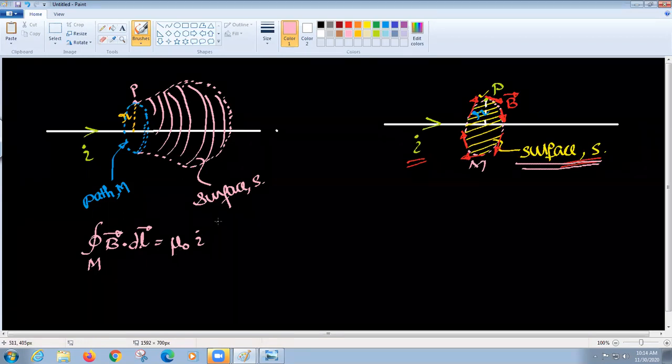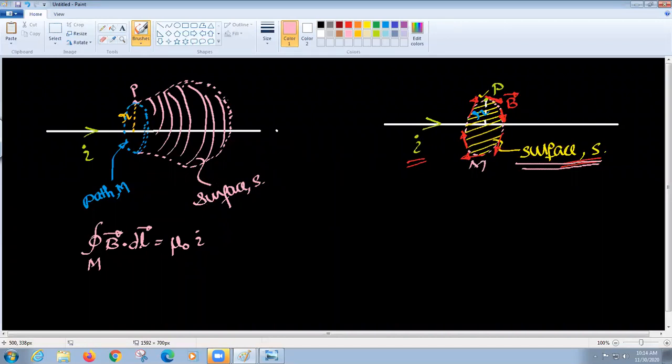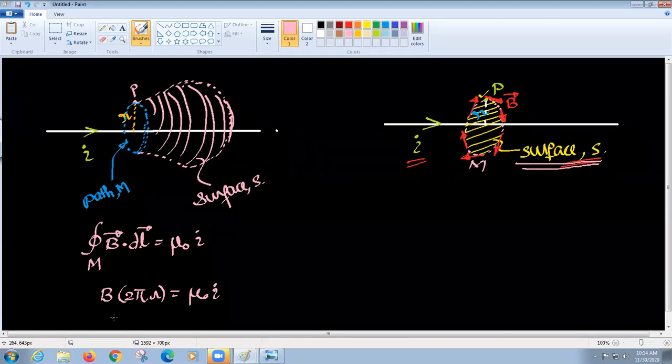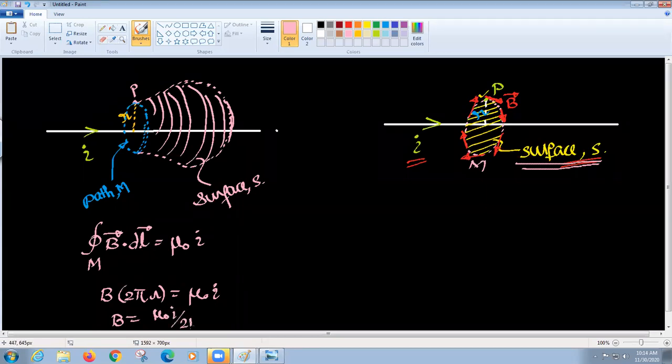This is because the same current is intercepted by the surface. So therefore, I have again the same stuff, B times 2 pi r is equal to mu naught I. So again, B is equal to mu naught I by 2 pi r.